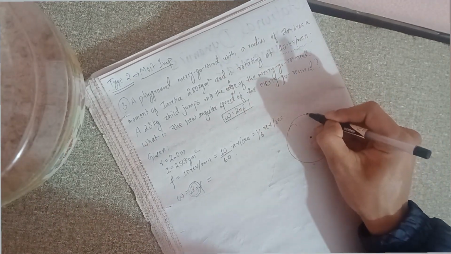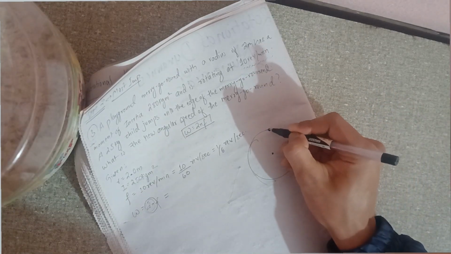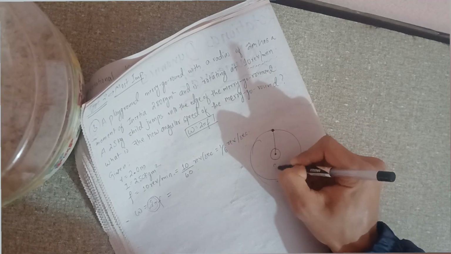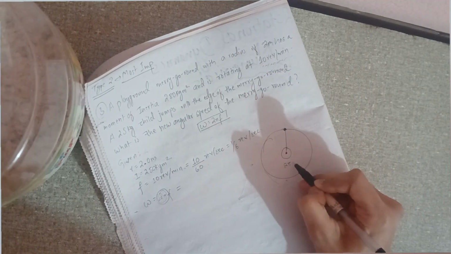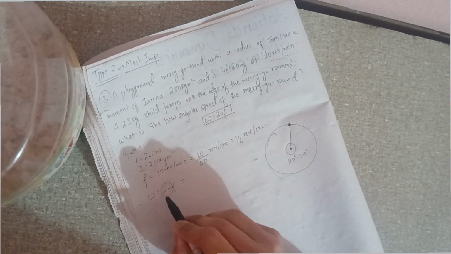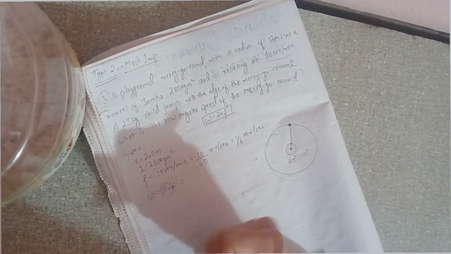If a body goes from here all the way around and comes back here, the angle covered by it will be 2 pi, that is, 360 degrees. So we use 2 pi for that, and f for the frequency.